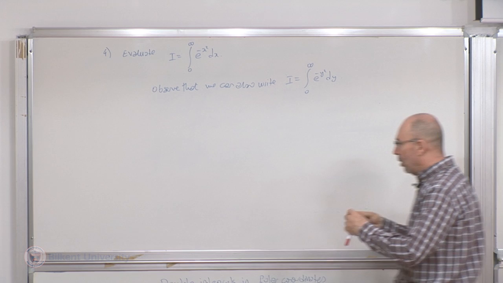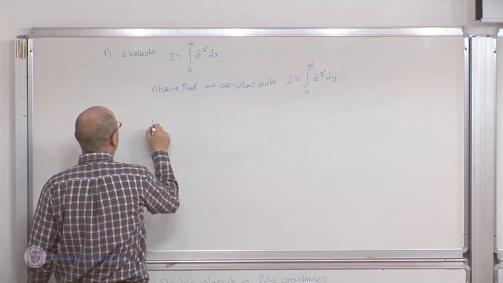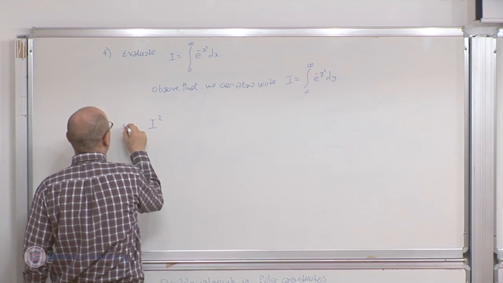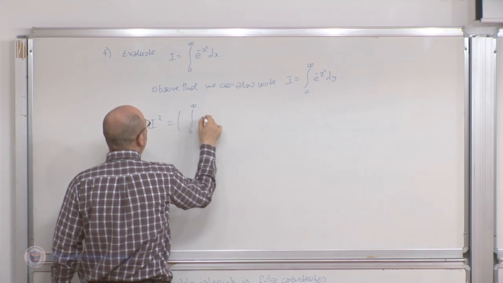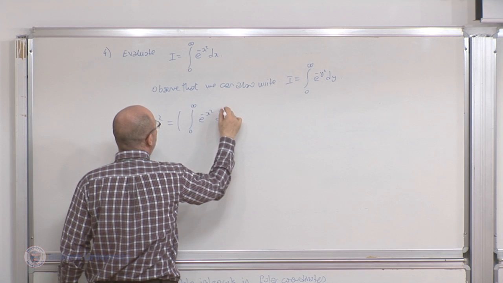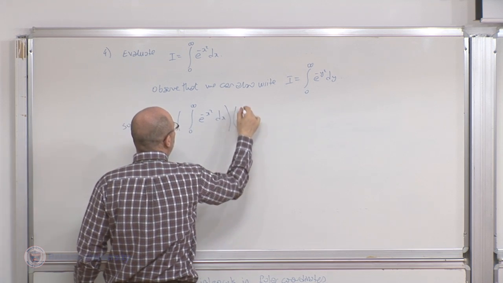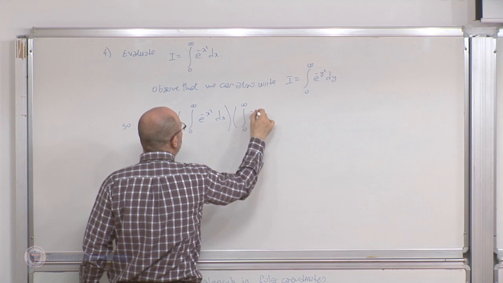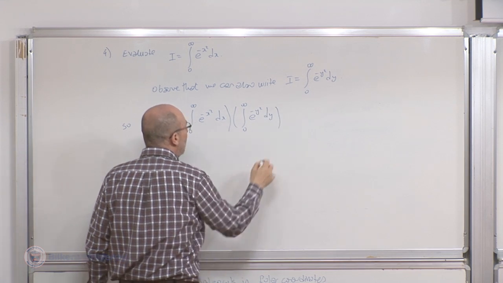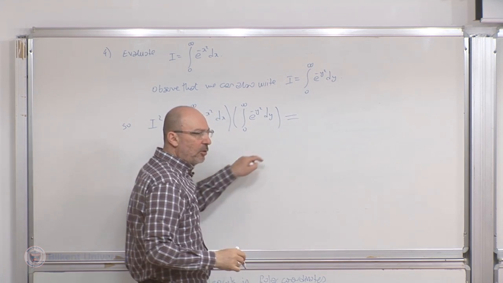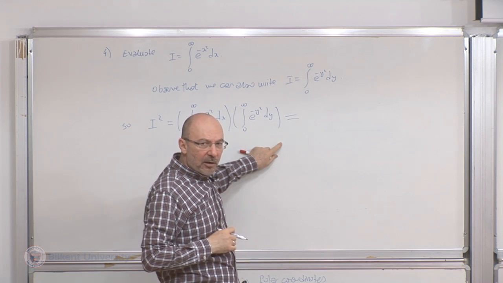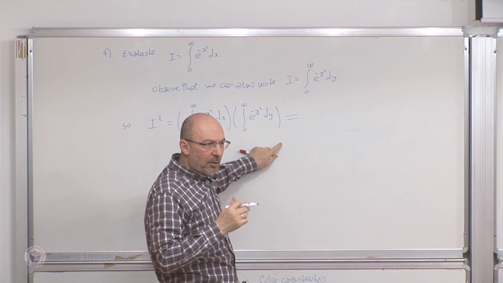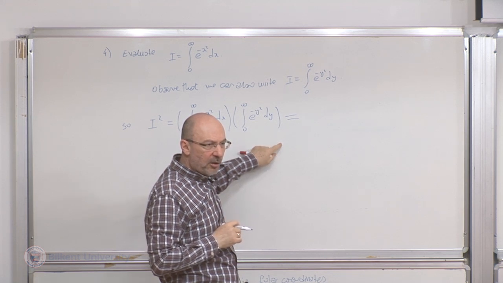Okay, so I squared is the integral from 0 to infinity of e to the minus x squared dx, times the integral from 0 to infinity of e to the minus y squared dy. And this is an iterated integral, writing Fubini's, if you try to evaluate an iterated integral in which the boundaries do not depend on each other, this is what you do.